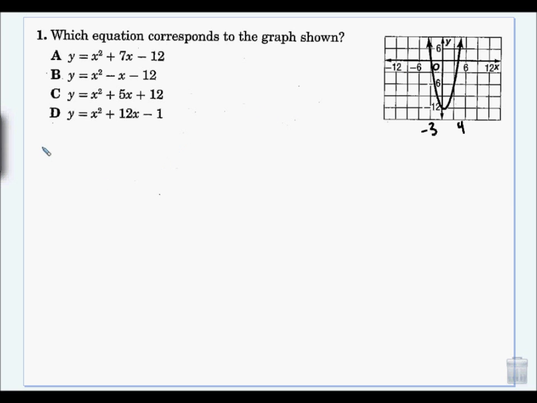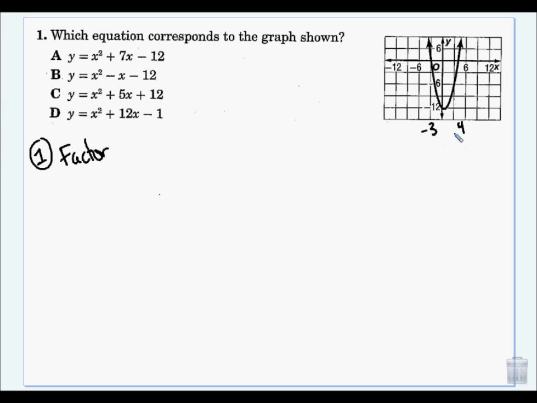Okay, so for method 1, we can factor each of these. And we're looking for the one that'll factor to -3 and +4.